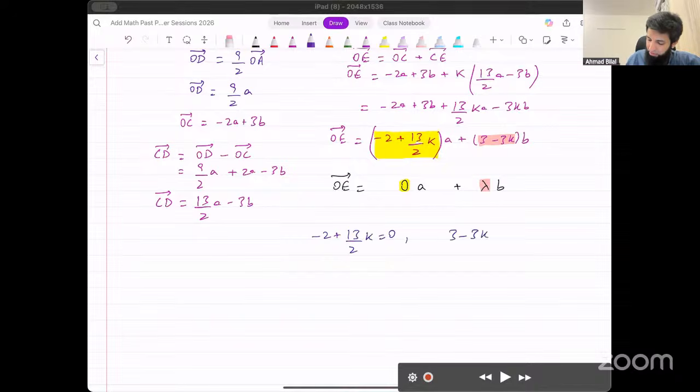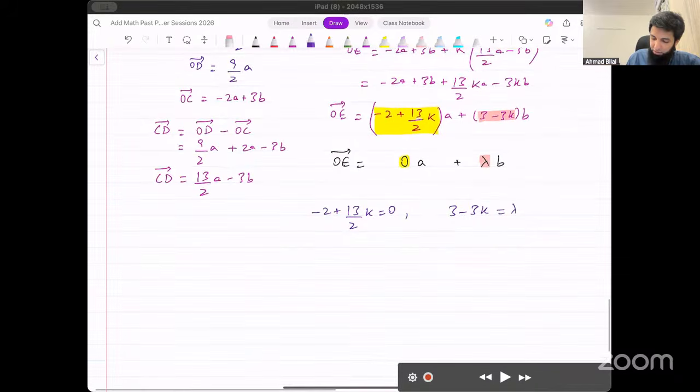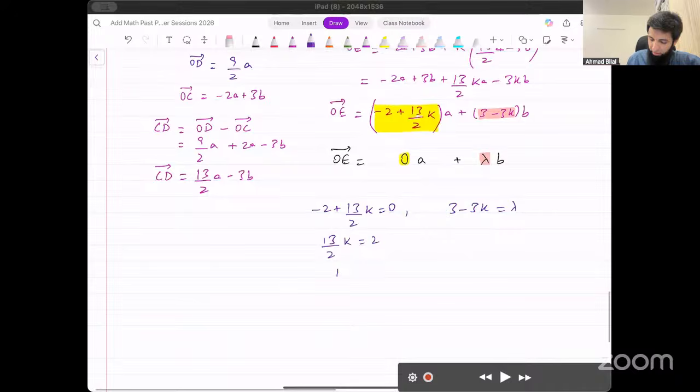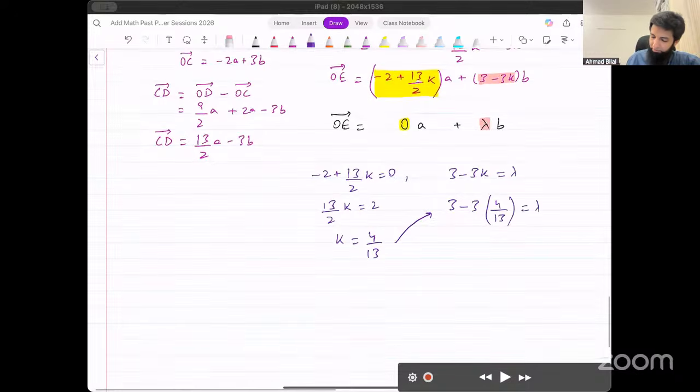And 3 minus 3K equals lambda. What's the value of K that I'm getting from this? 13 over 2 K equals 2, and K equals 4 over 13. That's the value of K that I'm getting. Input that in the other equation, and that gives me 3 minus 3 into 4 over 13 equals lambda.